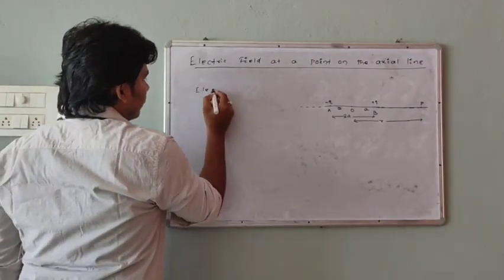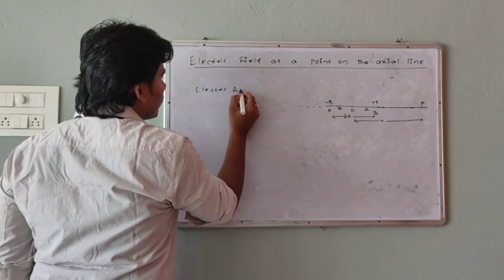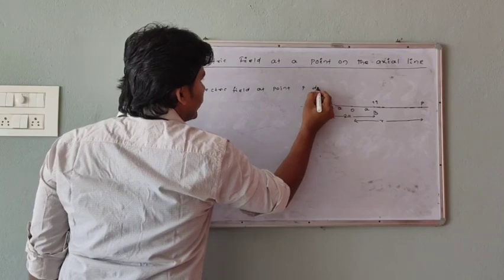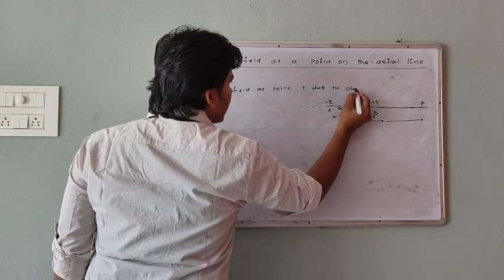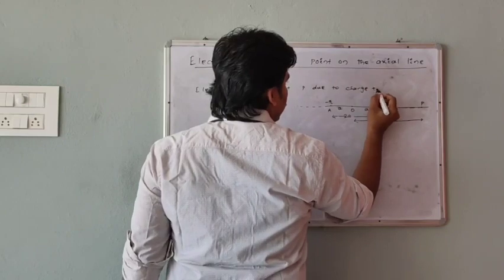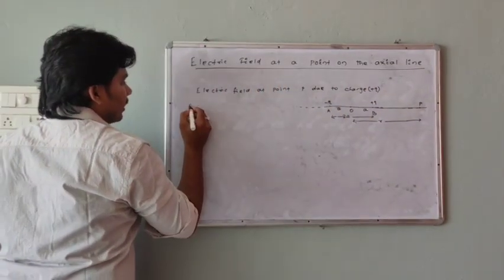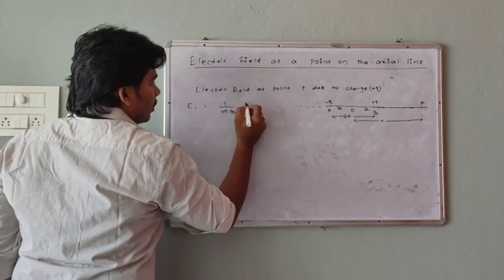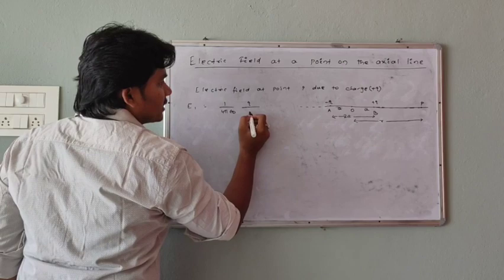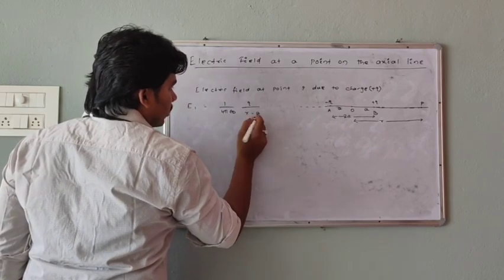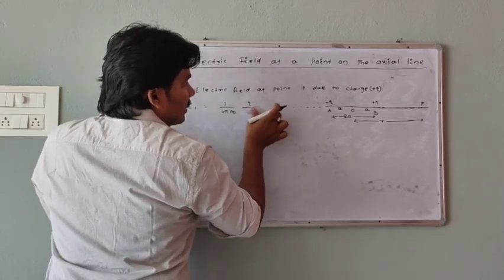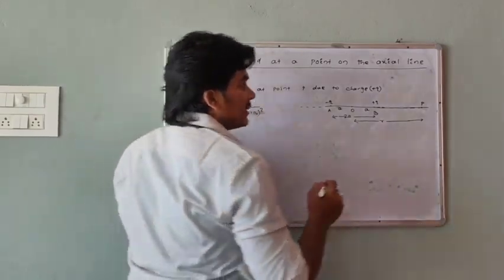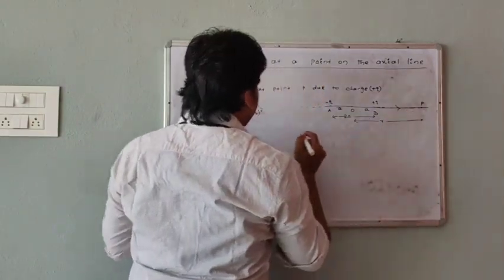Now, the electric field at point P due to charge plus Q, let's take this as E1, equal to 1 by 4 pi epsilon naught, Q by r minus a whole square, which is simply PB square, and the direction is along AP.